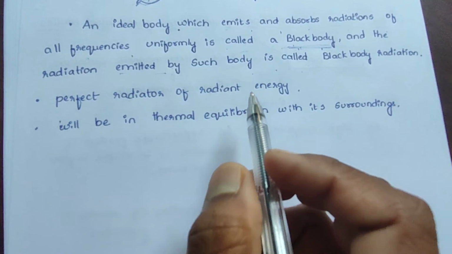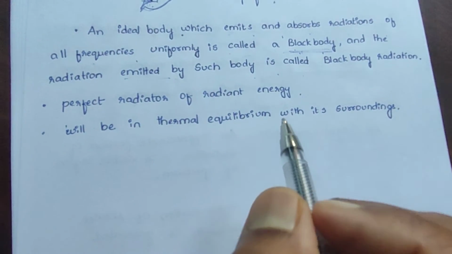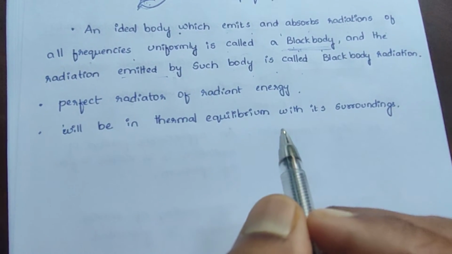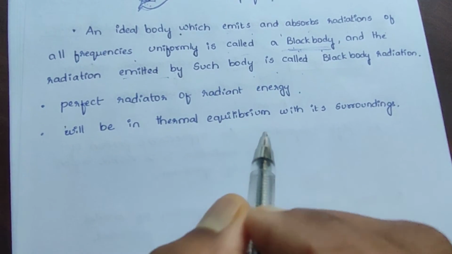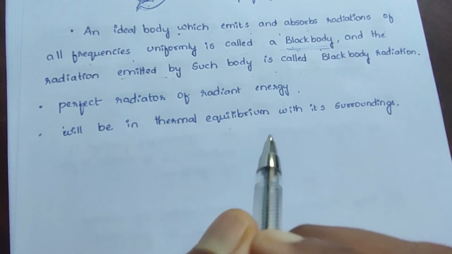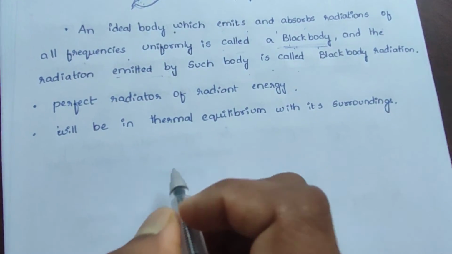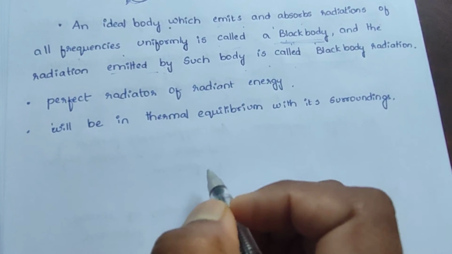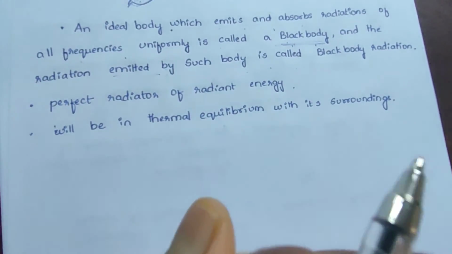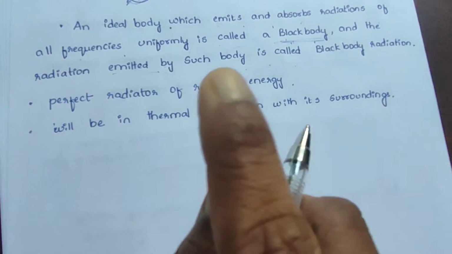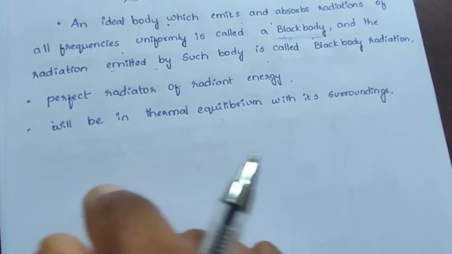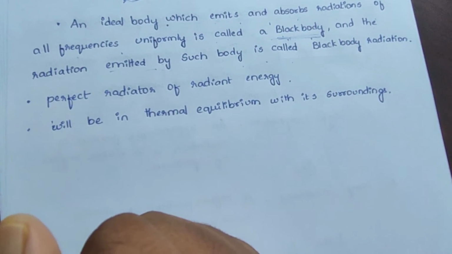The amount of electromagnetic radiation emitted, that is the intensity of electromagnetic radiation from a black body, and its spectral distribution, that is the emitted radiation's spectral distribution, depends on its temperature.